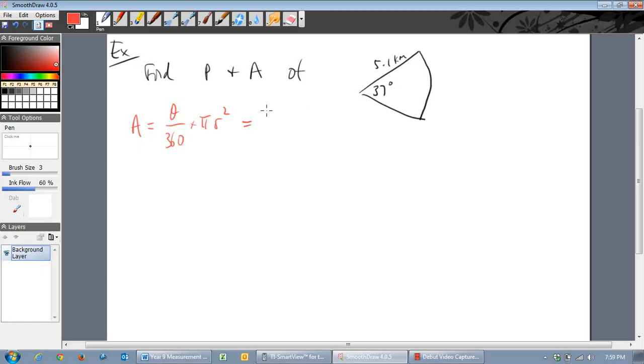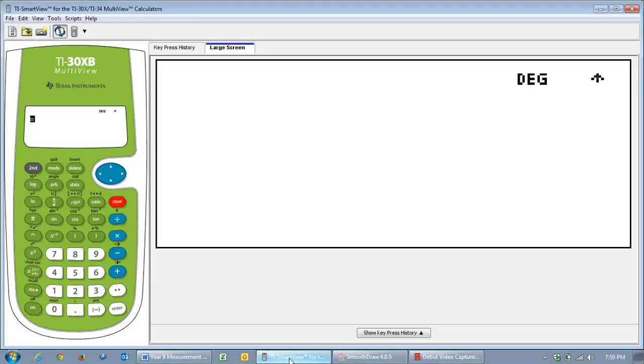So the angle is 37 over 360 times by pi times by the radius squared. And there we go. Let's just calculate this straight into the calculator. Let's go. 37 over 360, I'll put it in as a fraction.